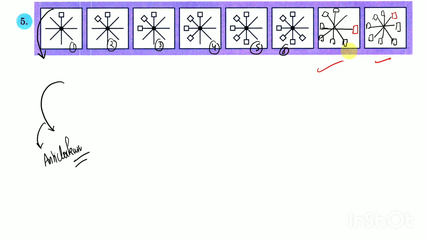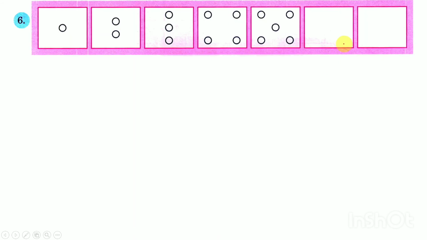This is quite easy. So moving to our next problem, there is an increase of circles in each succeeding figure. There is an increase of circles by 1 unit. Actually these are Ludo dice. The number of circles is 1, 2, 3, 4, 5.